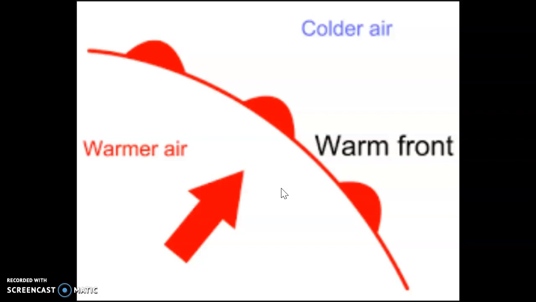Now, bear in mind for me, warm fronts always move from an existing warm environment, where you have general warm air or warm areas. These warm air masses will move from the high concentration area, which is here, towards an area which is colder or cooler. Hence the warmer air would be within this region here, advancing towards a cooler environment.